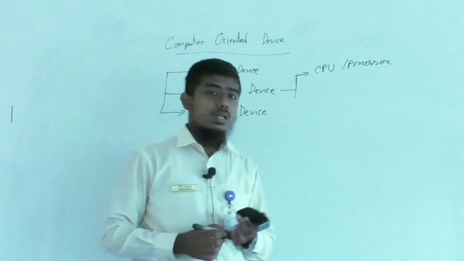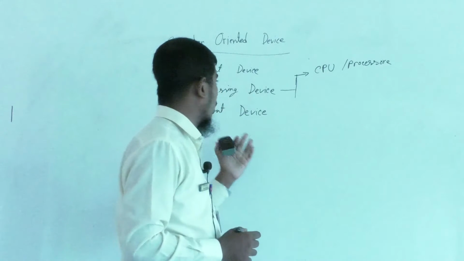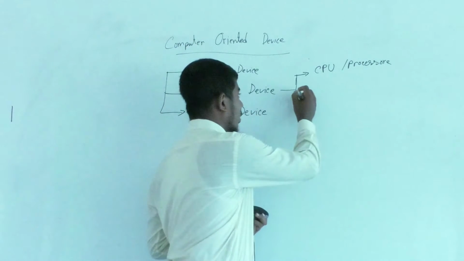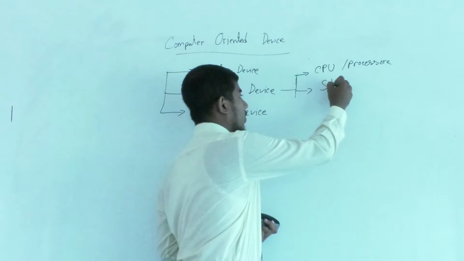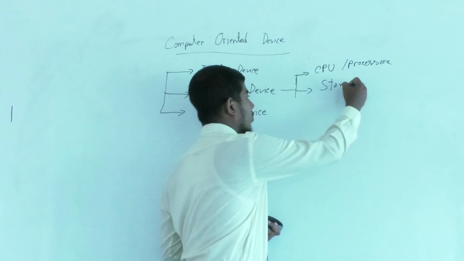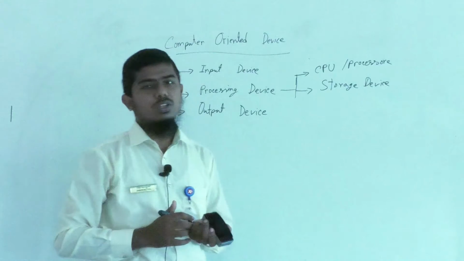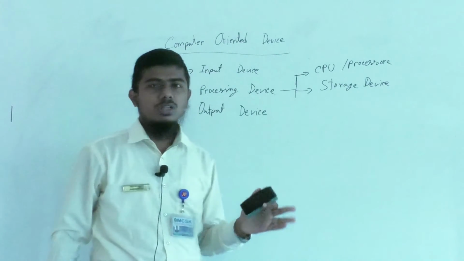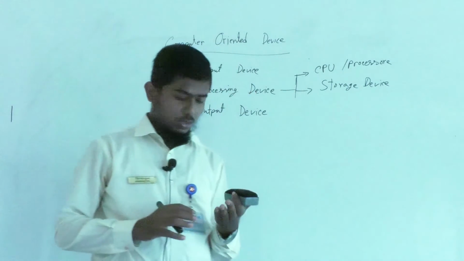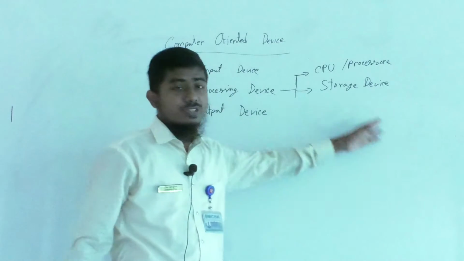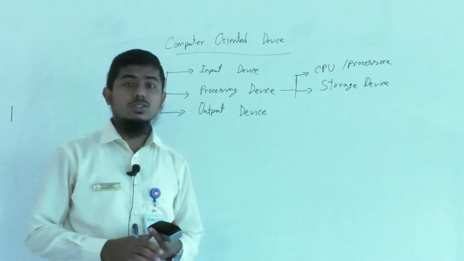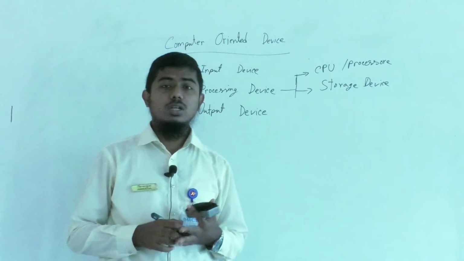And there is another type of device in processing. This is called a storage device. This device is used to store your data. There are two kinds of storage device. One is called RAM, another is called ROM.